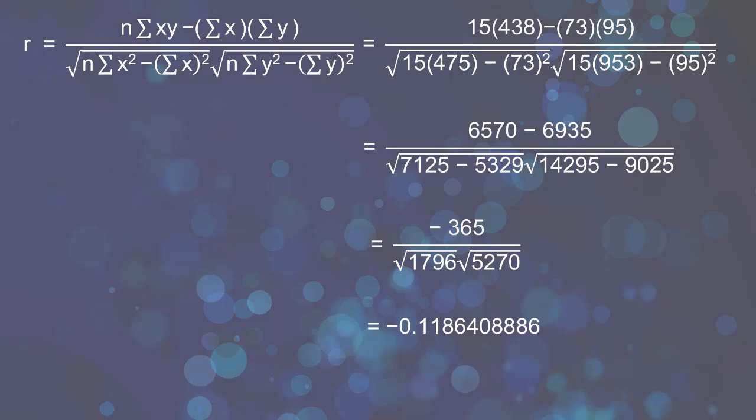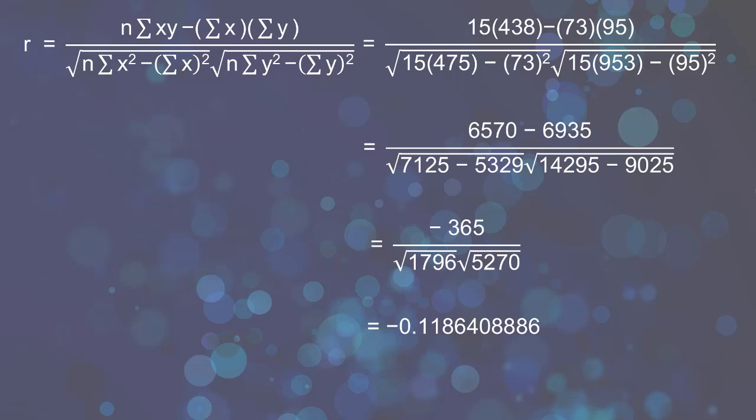Now if you didn't and you got a much larger number, then the mistake you made is probably a mistake in the denominator. So when you're entering this into your calculator, you enter the numerator, negative 365, you hit the divided by key, and then the denominator in its entirety has to be in a set of parentheses. So oftentimes students will just enter negative 365, then hit the divided by key. They'll put in the square root of 1796, and then they'll hit times the square root of 5270.